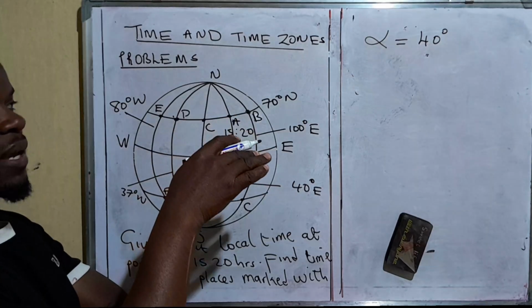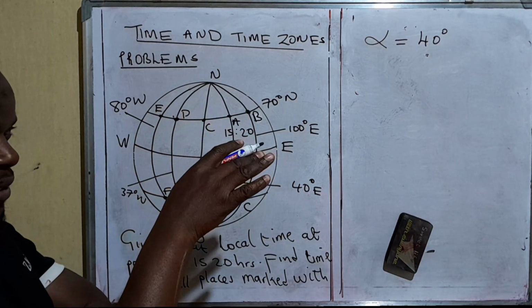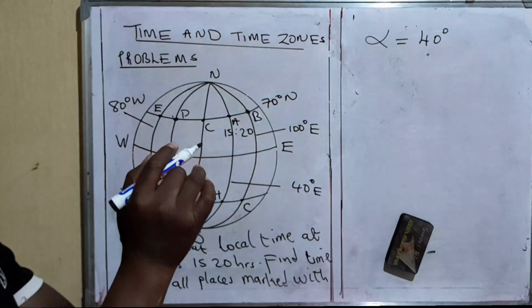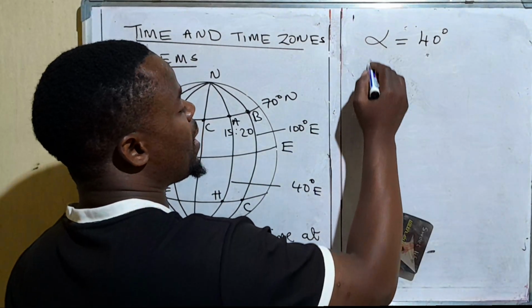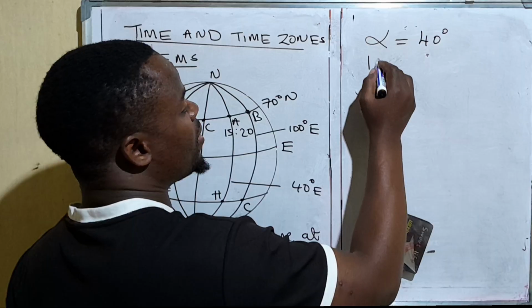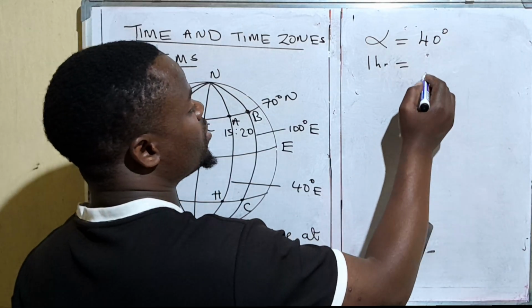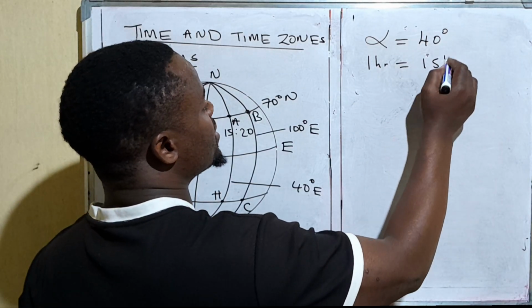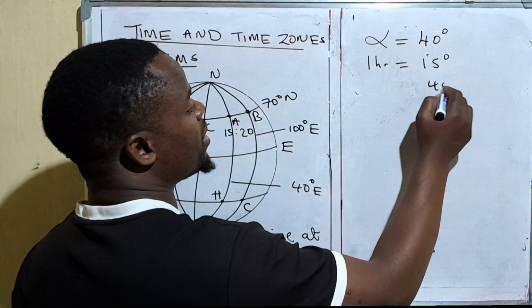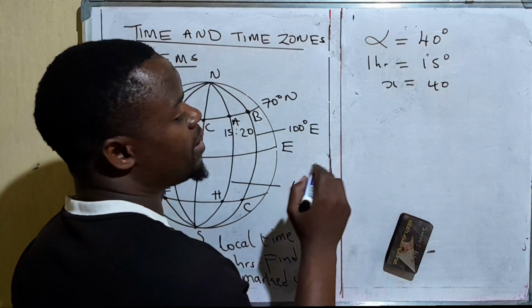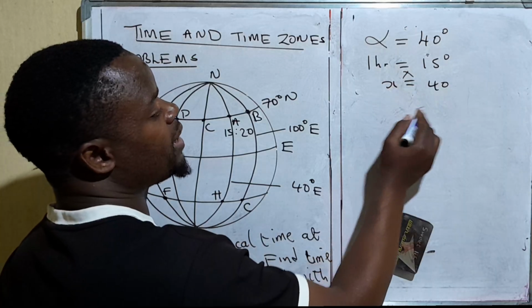Having determined that, we can now convert those into hours using the conversion factor: 1 hour is equal to 15 degrees. We have 40 degrees here. How many hours? So we cross multiply.